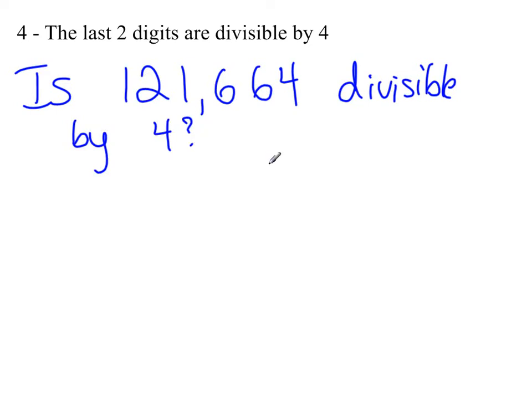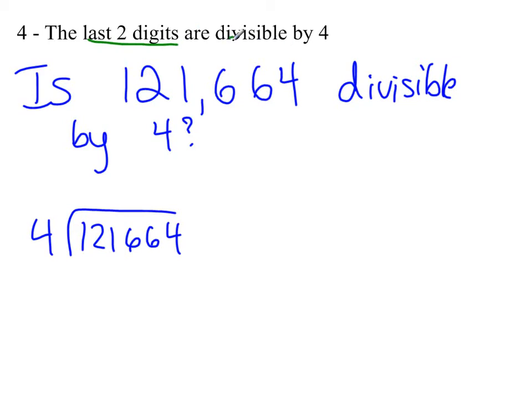So the long way to check this would be doing the long division, 4 into that crazy number I made up. The other way to check this is to check if the last 2 digits are divisible by 4. So only focus in on the last 2 digits, 64. If you don't know, then you're going to say, okay, can 4 divide into 64?